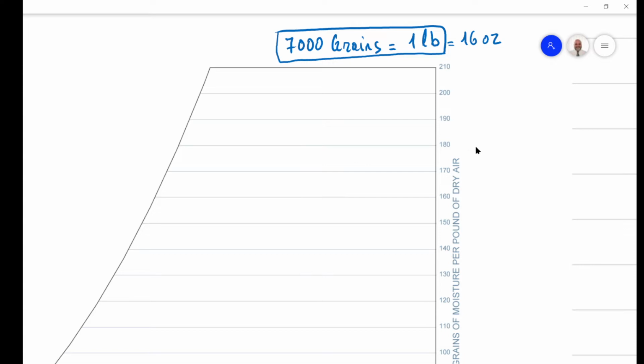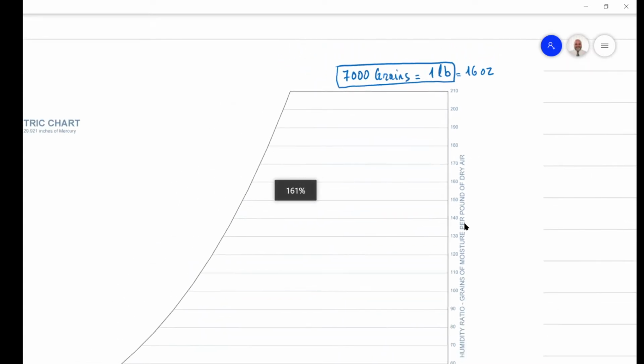In other words, if you have a point right here, going to the right or going to the left is not going to change the content of water in that air. However, going up will increase the amount of water.